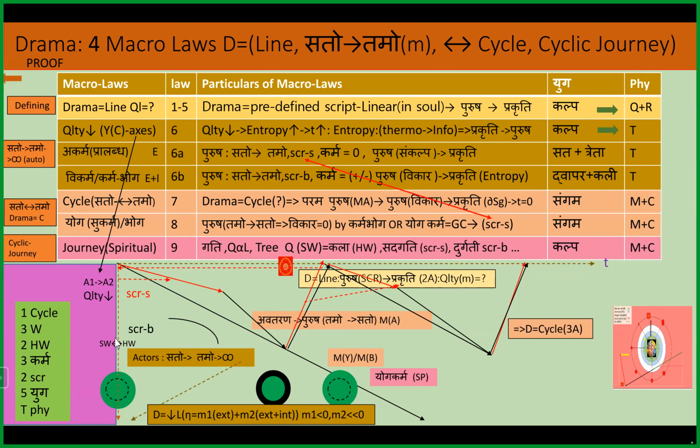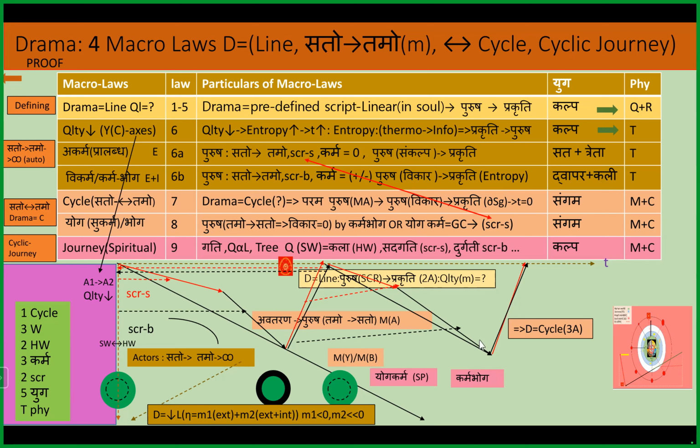And the script B journey is only in this non-deterministic world, and it will only travel this much. It will return here, and because of that, we only experience this world, and this is what is karma bhog.